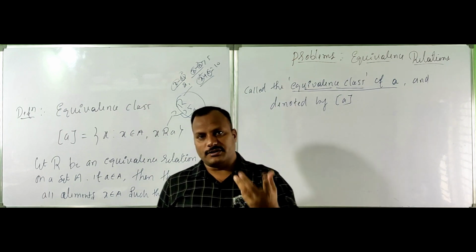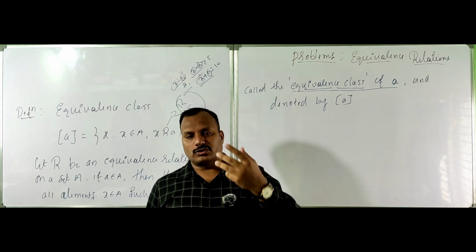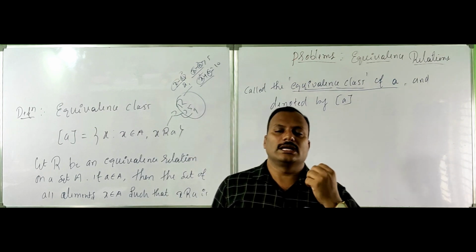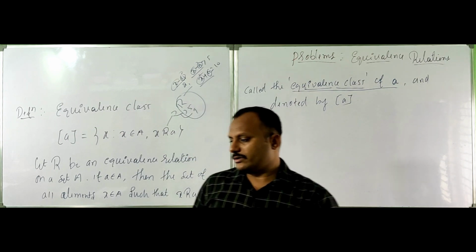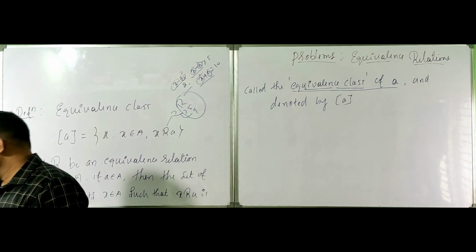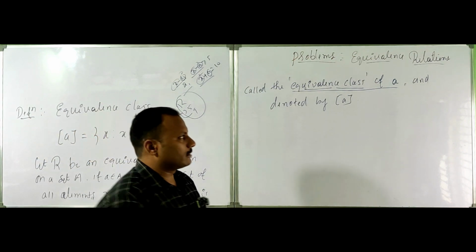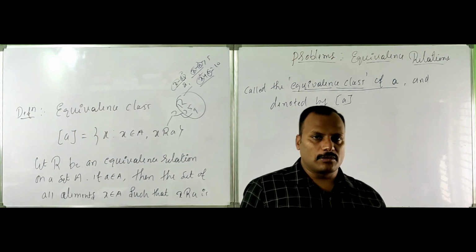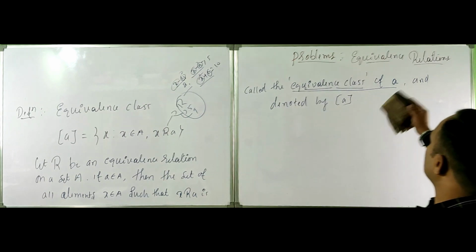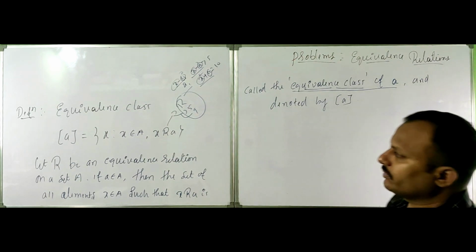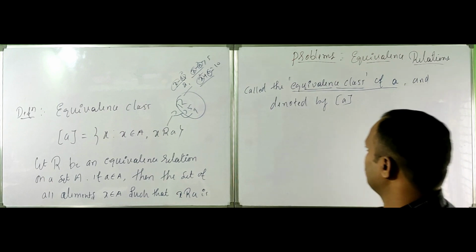Second, if all three hold, it is an equivalence relation. Then show the equivalence class. So I divided it into two classes. To get a deep understanding, first I will solve problems on equivalence relations, then questions on equivalence class.